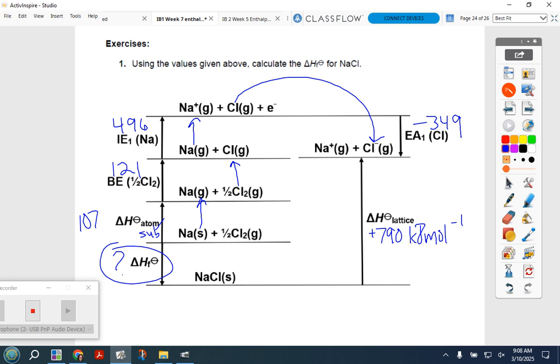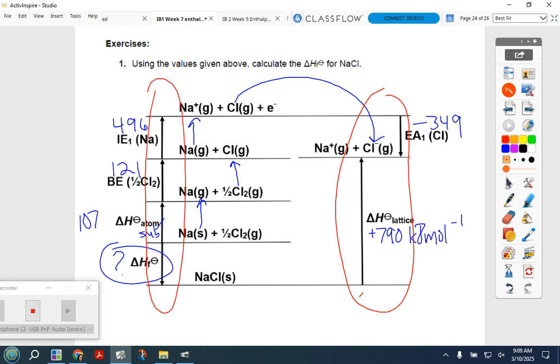It doesn't matter that this is negative and this is positive and those are all positive for the purposes of this calculation. Because what we're saying is that everything over here, going from bottom to top, or top to bottom, either way, the sum of these is going to be equal to the sum of these, because they're starting in the same place and going up to the same place.